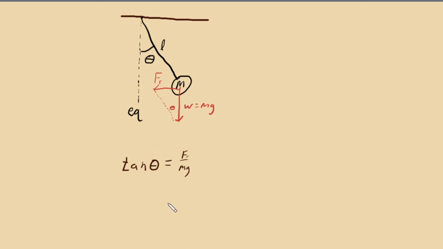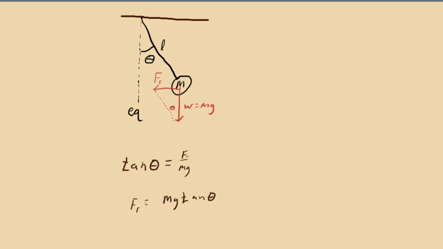So what we have is that the tangent of theta is equal to our restoring force divided by our weight, mass times gravity. It's just our opposite over our adjacent. And what I didn't mention is that this angle here is the same as this angle here, which is how I came up with the tangent of theta.